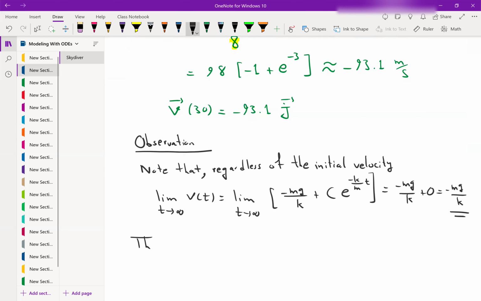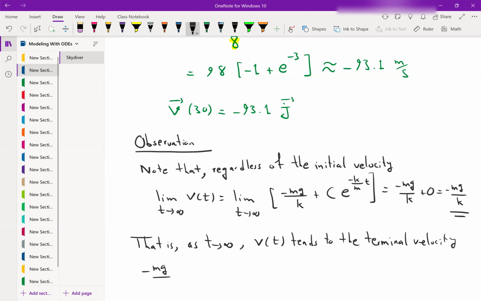That is, as t gets bigger and bigger, as t approaches infinity, v of t tends to the terminal velocity, -mg over k, j. Very interesting.